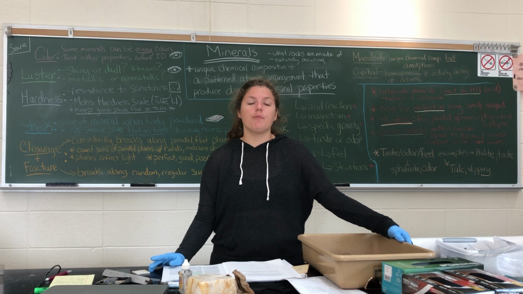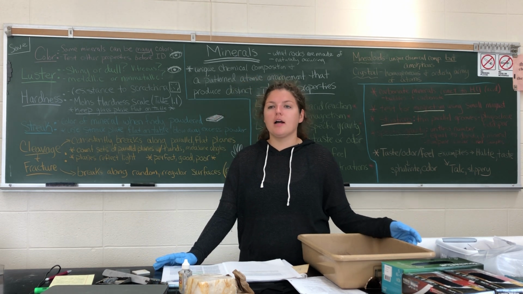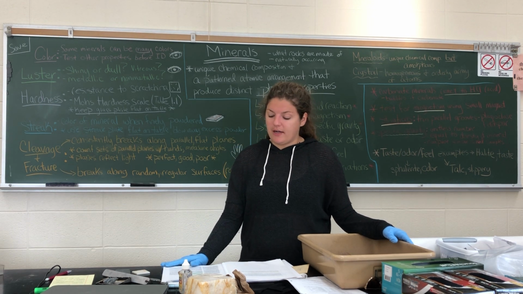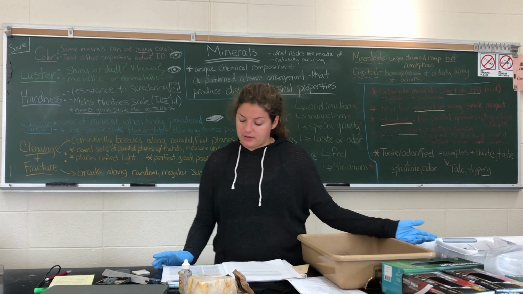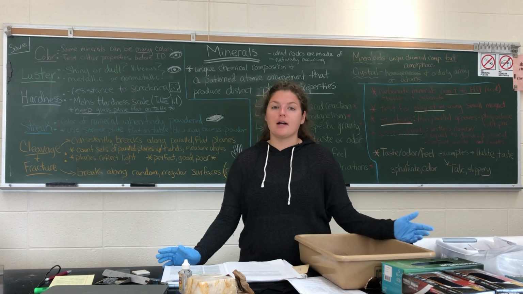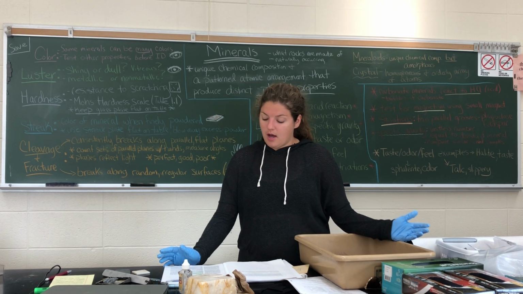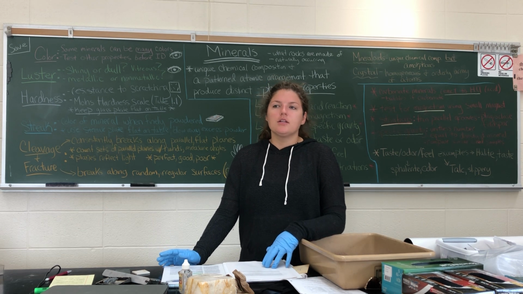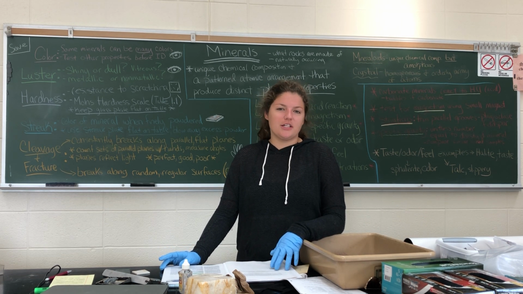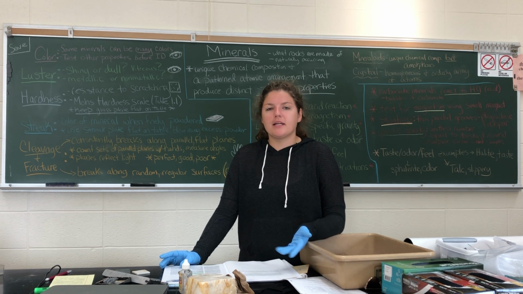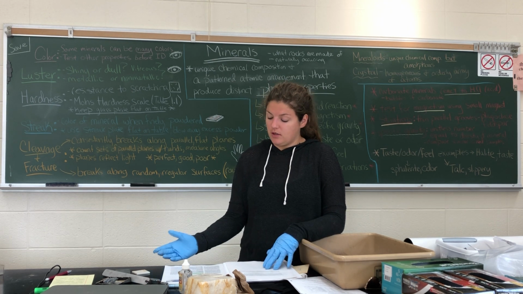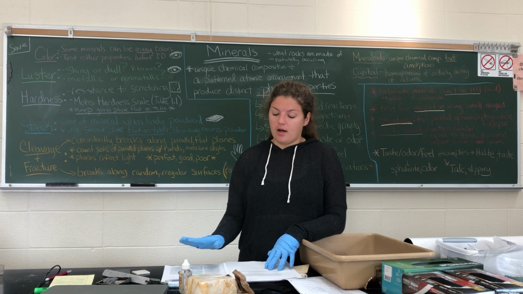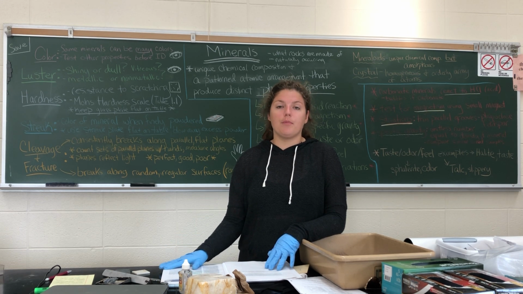Accessory minerals are minerals that are commonly found in rocks, but only in small portions. And finally, ore minerals are minerals that are commonly present in rocks in small amounts, but they're concentrated, so they're mined. So certain minerals have high concentrations of iron in them. That would be considered an ore mineral.